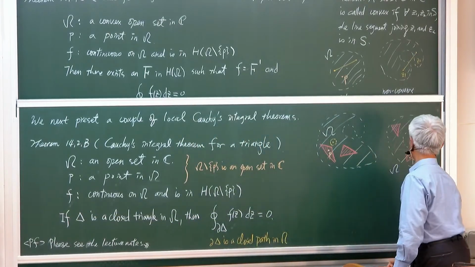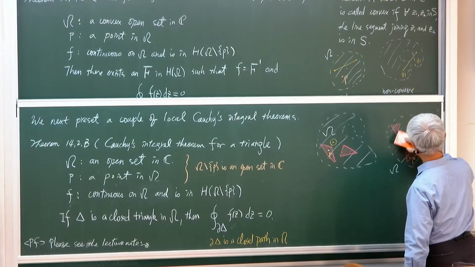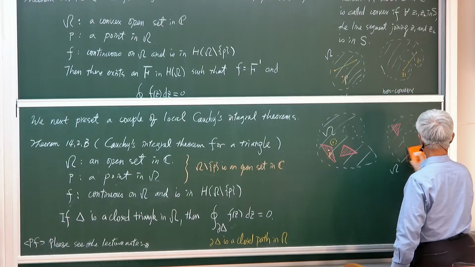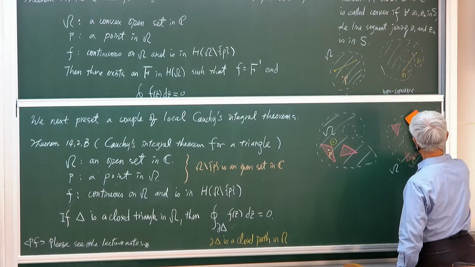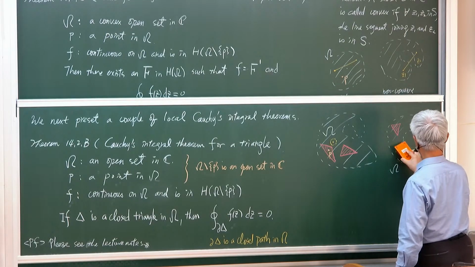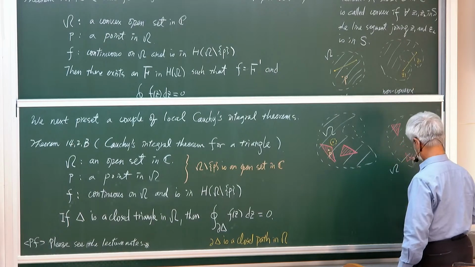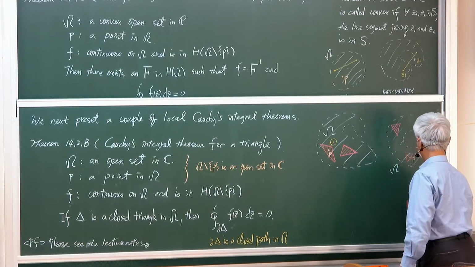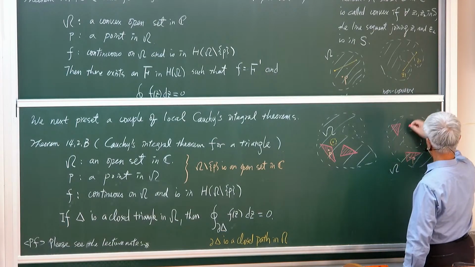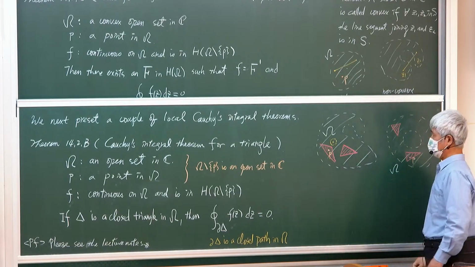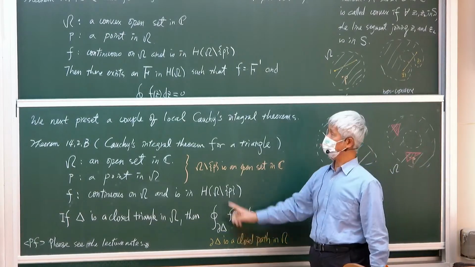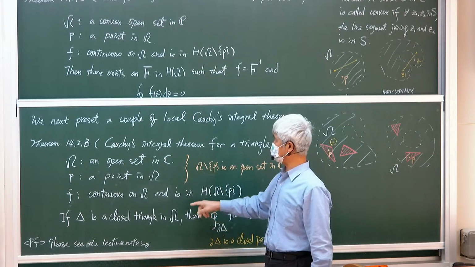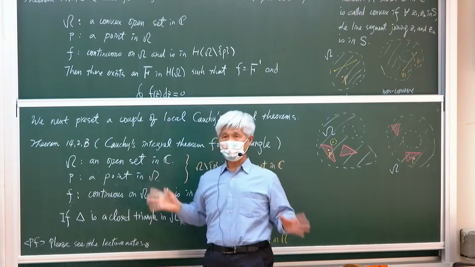So this is not true here. But for all other triangles in omega, this is true. So this local Cauchy theorem is for triangles, and the open set can be arbitrary.